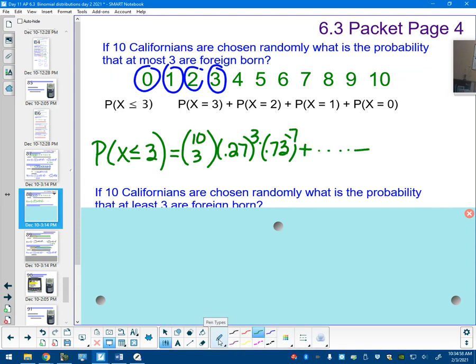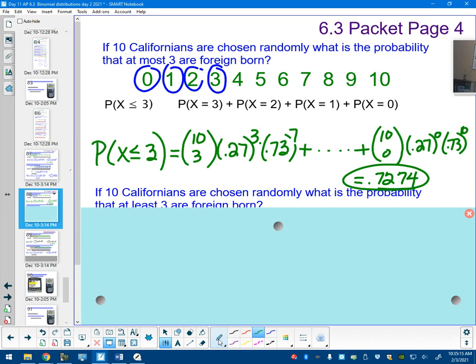Plus dot, dot, dot, all the way down to 10 choose 0. That's the notation you should put, and the answer is 0.7274. That's what I want to see.